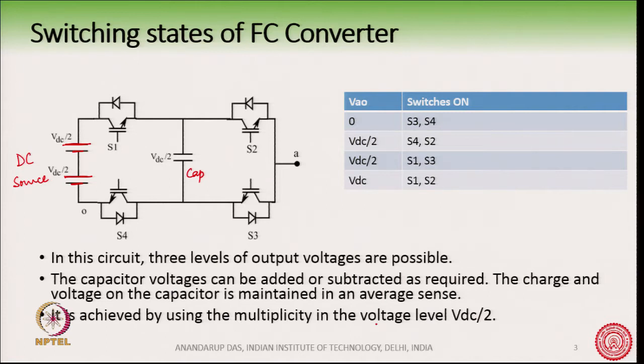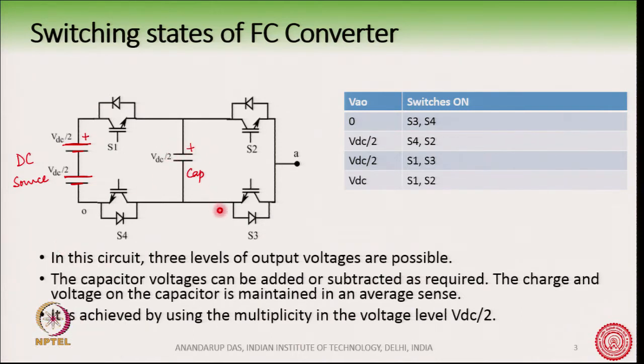So, how are we going to operate? You can see here that this DC source is connected to the capacitor via these switches. Basically what we are doing here is that we can insert this capacitor either in series with this DC source or we can bypass the capacitor.